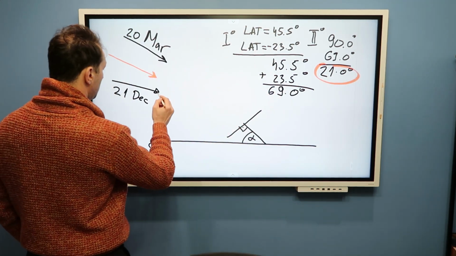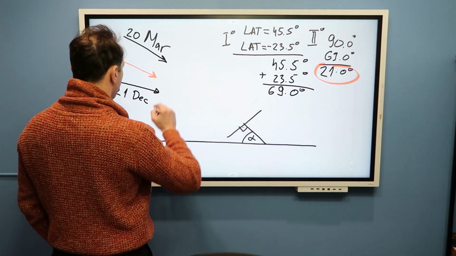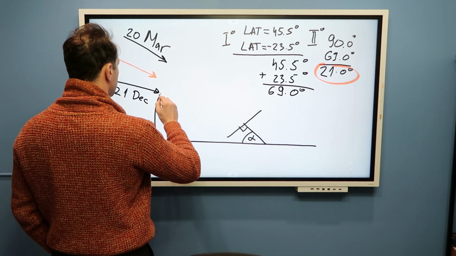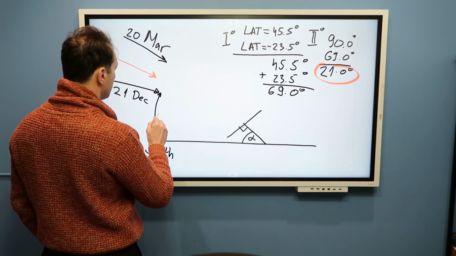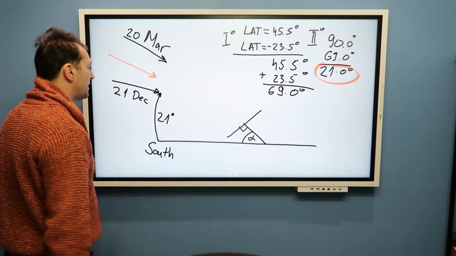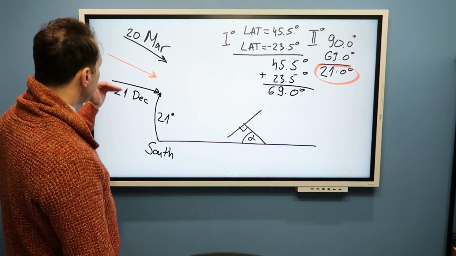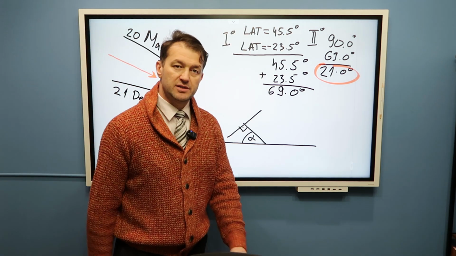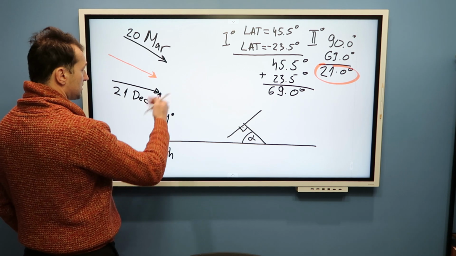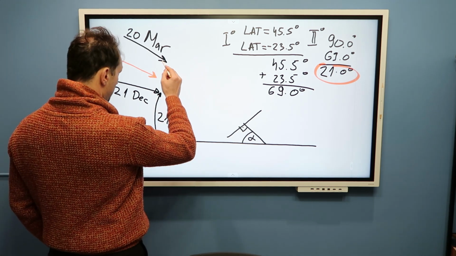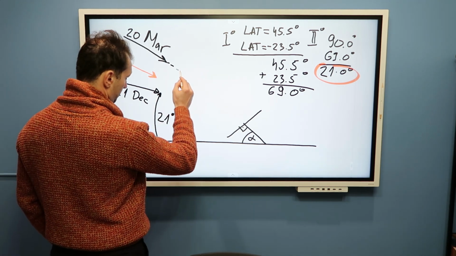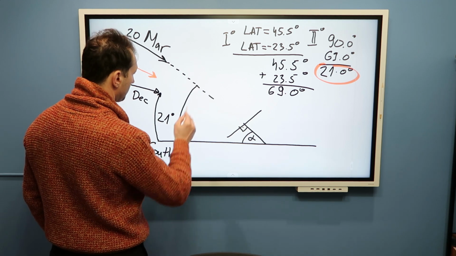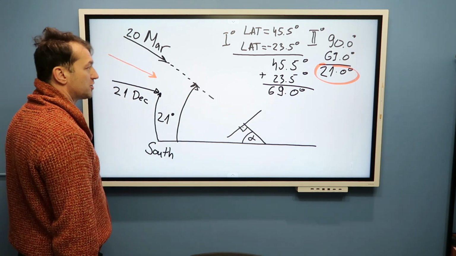So this angle on 21st December that I just calculated, this angle is 21 degrees. That is the angle of the sun on 21st December at noon at 45.5 degrees. Now I want to repeat this calculation, but I want to repeat it for 20 March.